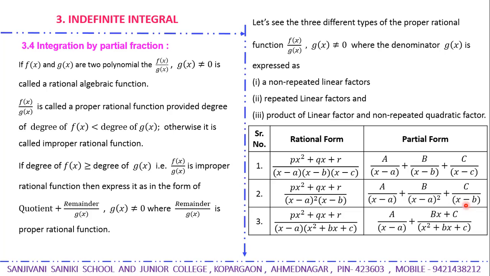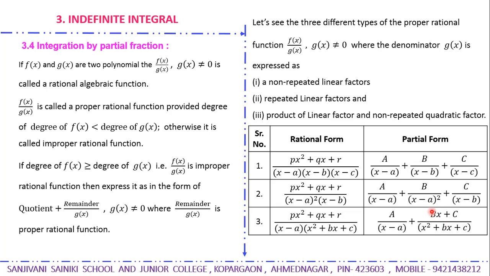And the third case is the rational form px square plus qx plus r upon x minus a into x square plus bx plus c. Now here x square plus bx plus c is a quadratic factor, and in this case, while finding the partial fractions, we have to write a upon a linear factor plus bx plus c.